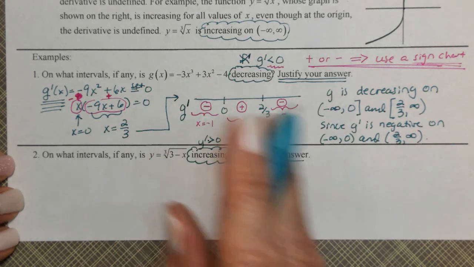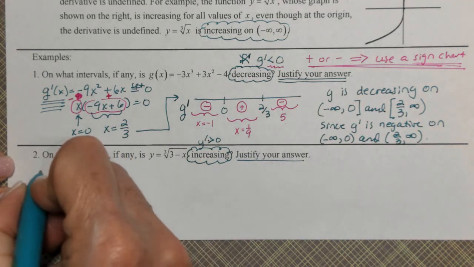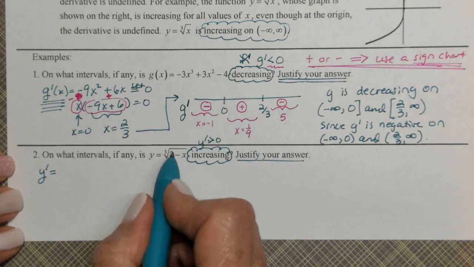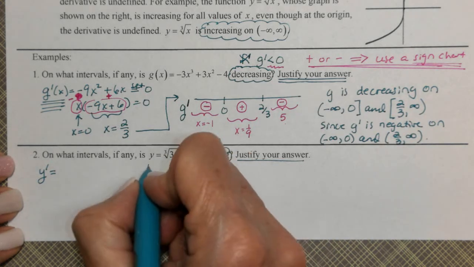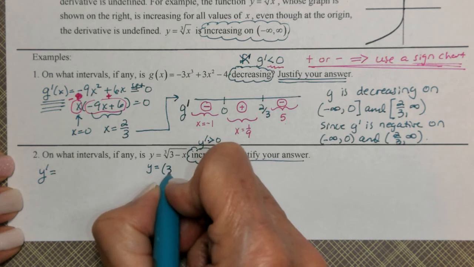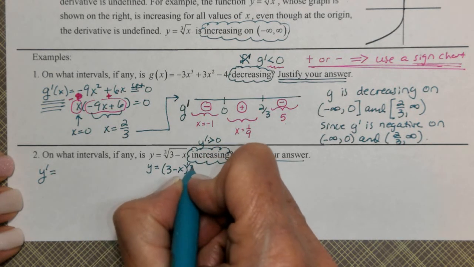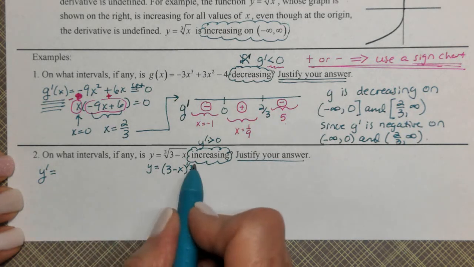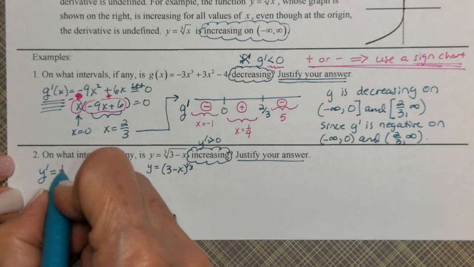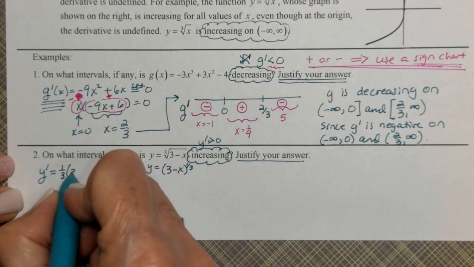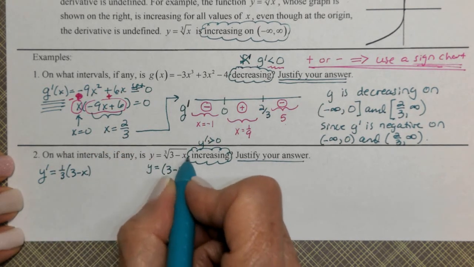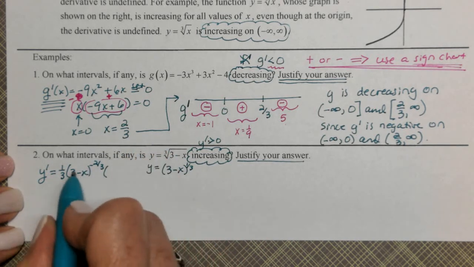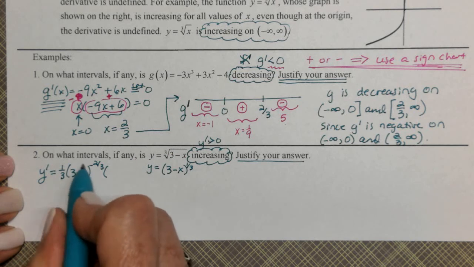Sign chart again. Okay. So y prime is equal to, all right, well, why is this cube root? So in my mind, I am thinking this is 3 minus x to the 1/3 power. Okay, so y prime is, a little chain rule here, 1/3 times 3 minus x to the, subtract 1 from your power, that'll be a negative 2/3, times the derivative of the inside.